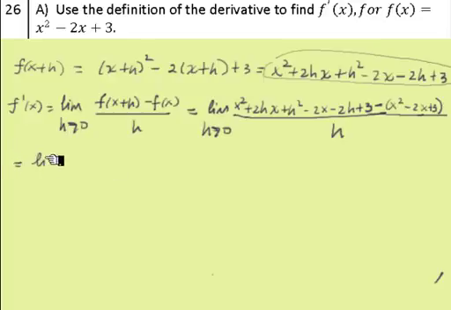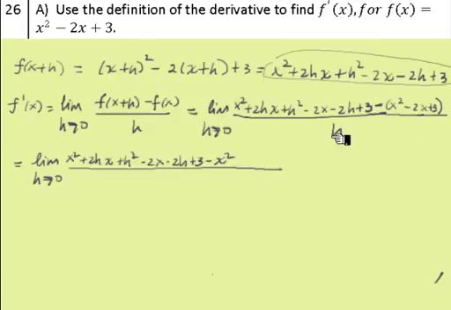All right, let's open parentheses now. Okay, opening parentheses, minus x squared. Minus minus would be plus 2x minus 3.